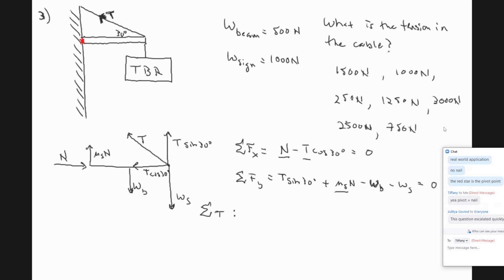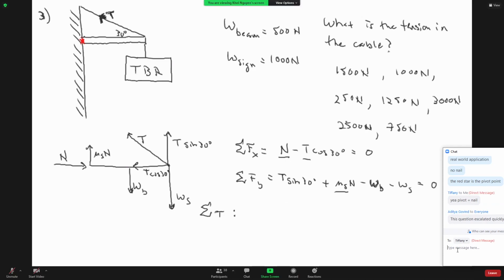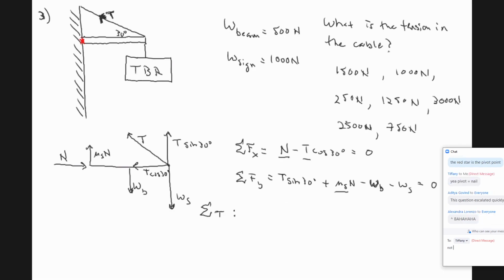So it escalated quickly because you went from summation of forces to summation of torques, something that we've just been going over this whole almost an hour and 6 minutes now. So let's take a look. We're going to look at things that create counterclockwise versus clockwise, given that this is our pivot point.